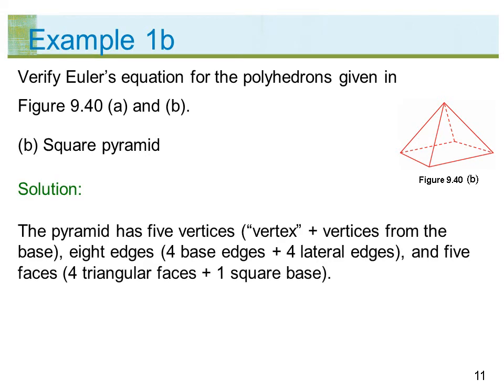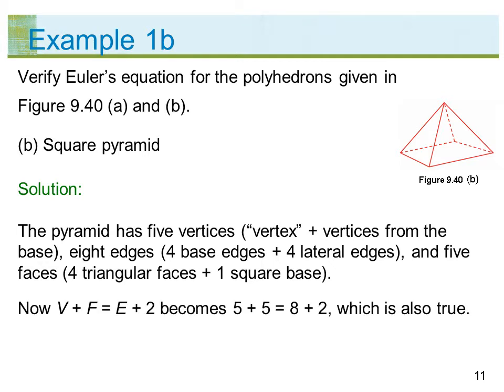Solution. The pyramid has 5 vertices, the vertex plus the vertices from the base, 8 edges, 4 base edges plus 4 lateral edges, and 5 faces, 4 triangular faces plus 1 square base. Now, V plus F equals E plus 2 becomes 5 plus 5 equals 8 plus 2, which is also true.